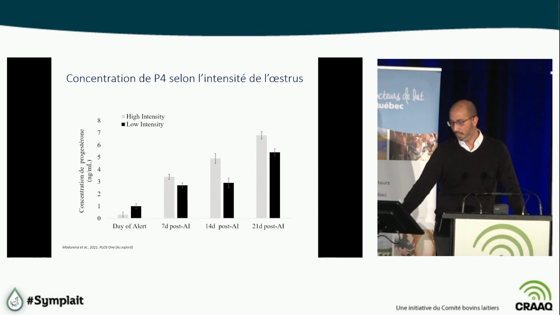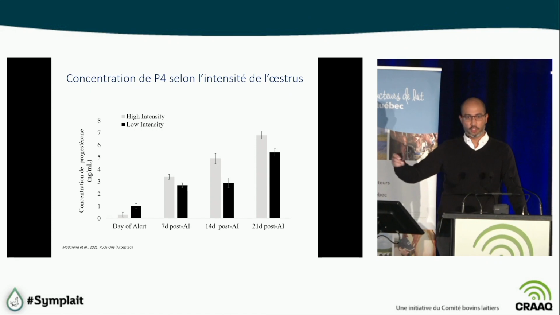But then after 7 days, 14 days, especially the 7 and 14 days post-AI, what you would like to have is more progesterone. Why? Because it helps that tapeworm embryo that I showed before, it helps them grow the way it should. So in this case, you do have a better progesterone profile, which is better for fertility.